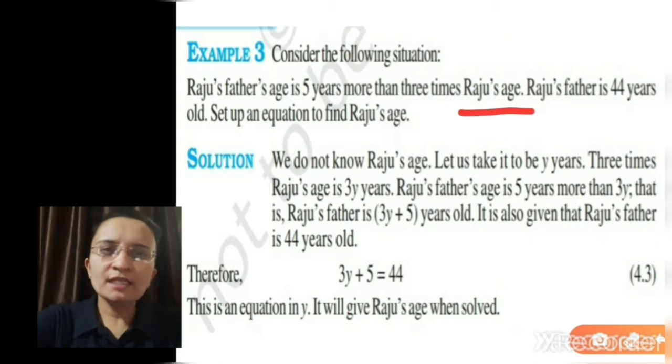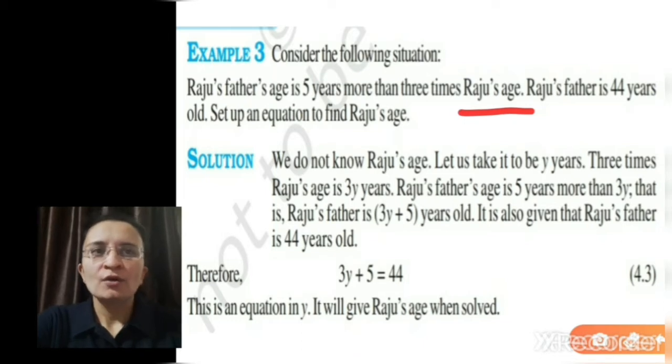You can take any variable: x, y, z, a, b, c, small x, y, z, small p, small m, small n, any variable. Here we are taking y. What is Raju's age? Raju's age will be y years.